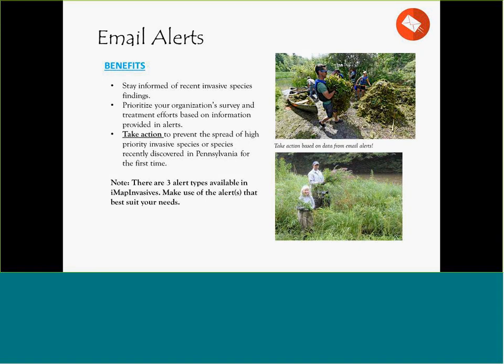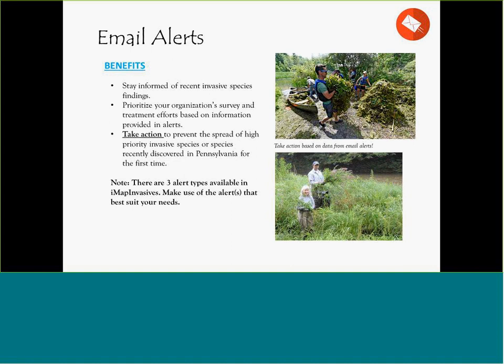You can set the information that you're receiving for email alerts to help prioritize your survey and your treatment efforts, based on that information that you're going to set up in a custom alert, and to take action to prevent the spread of those species that are newly discovered in Pennsylvania, that they've been found for the first time.